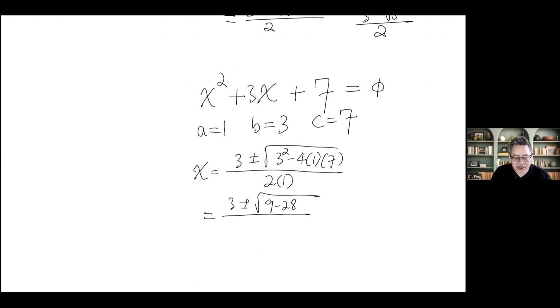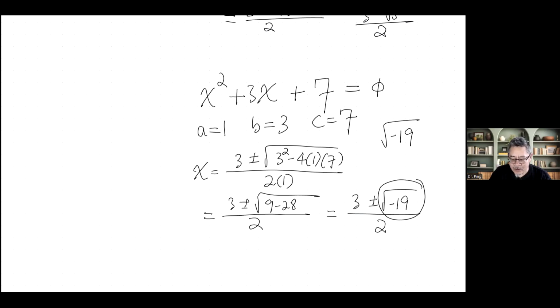So now you can see that we have a problem. Negative 3 plus or minus the square root of negative 19 over 2. Now, what do we mean by the square root of negative 19? Do we have any real number that makes it work?